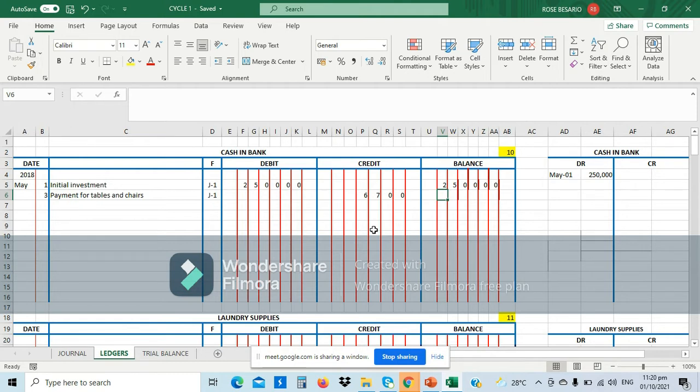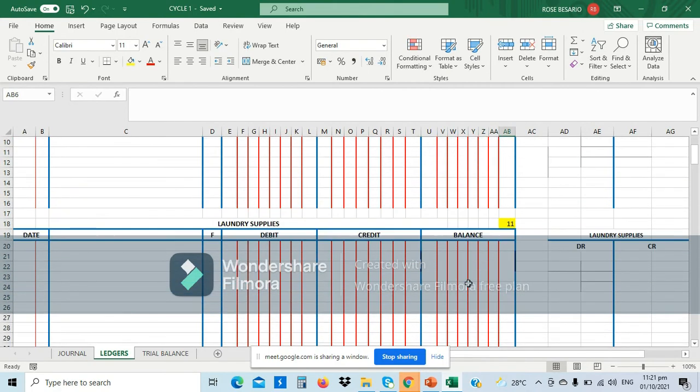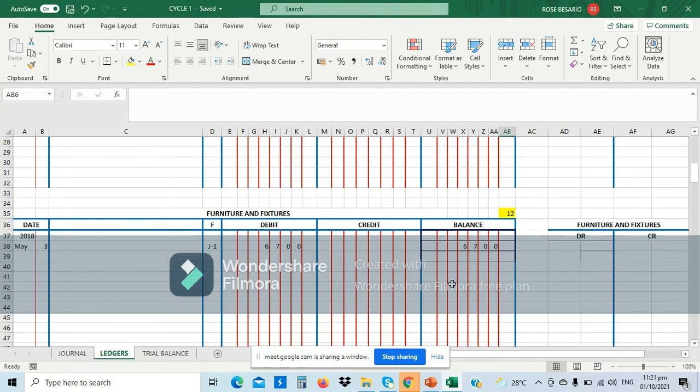So let me compute the amount. You have 250,000 minus 6,700. So the balance should be 243,300. Okay. Then let me check if I was not able to post. I'll go back to furniture and fixtures because I was not able to post the entry in the T account.